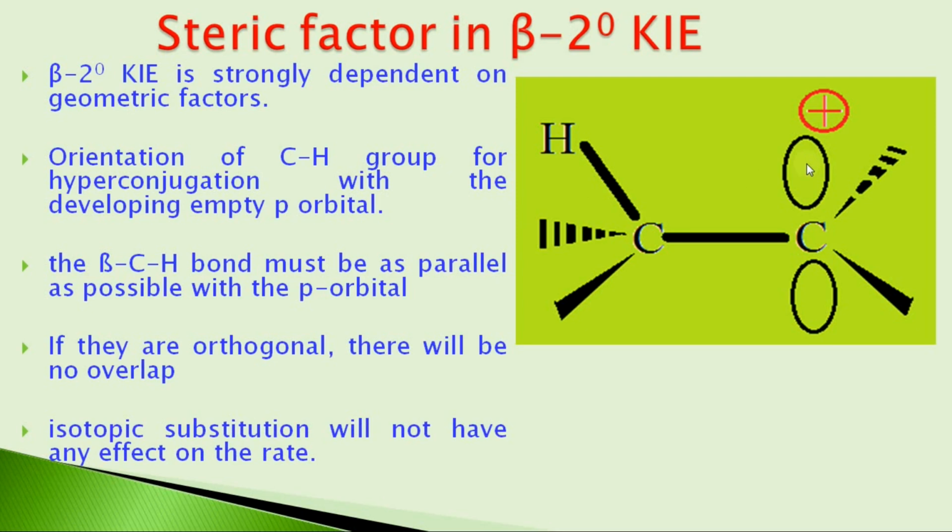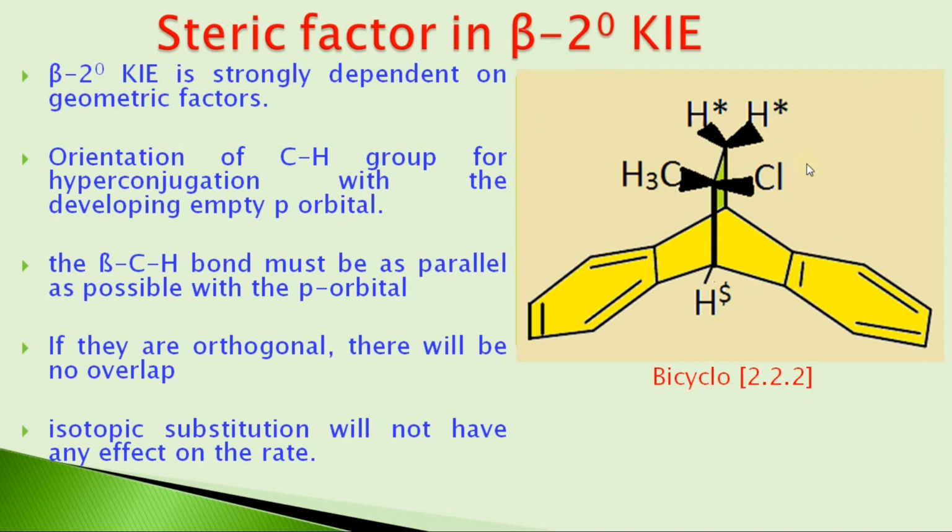This can be explained with the help of observation of beta secondary KIE in this structure. It is a bicyclo[2.2.2] system, and in this system, this is the C-Cl bond which is undergoing cleavage during a nucleophilic substitution reaction. With respect to this C-Cl bond, this carbon is a beta carbon, and also this carbon is a beta carbon.